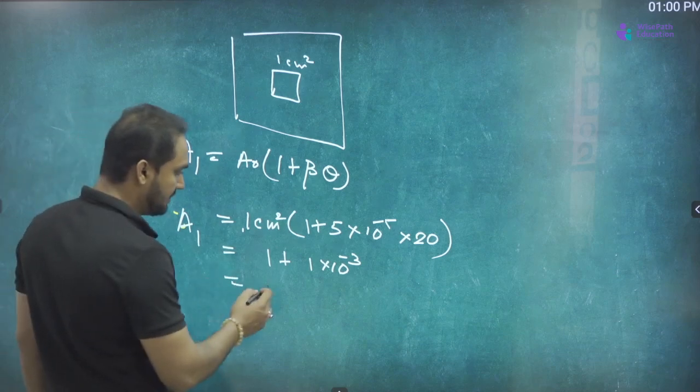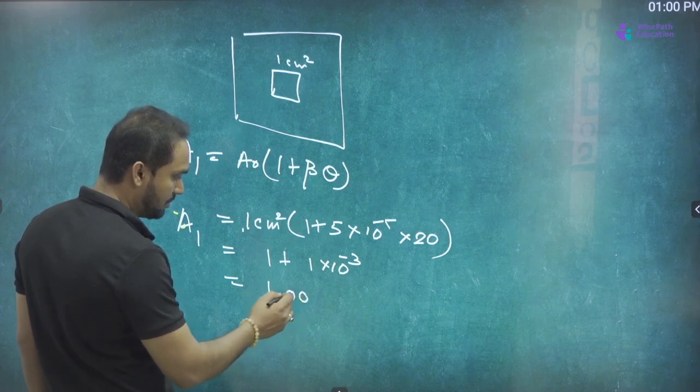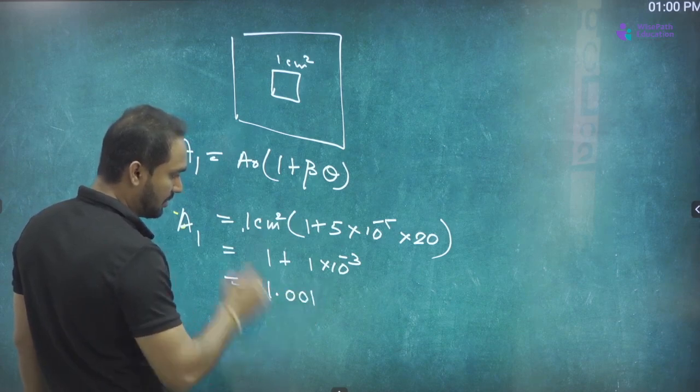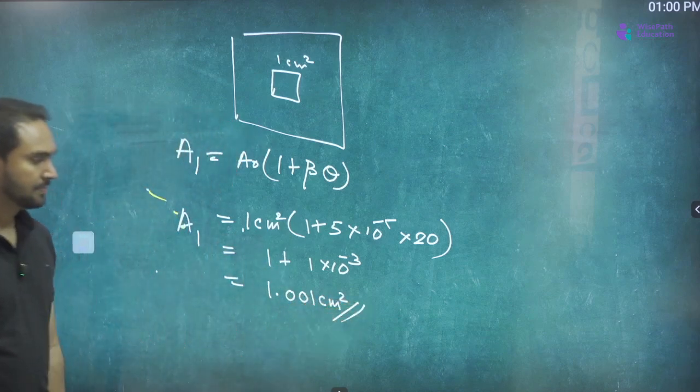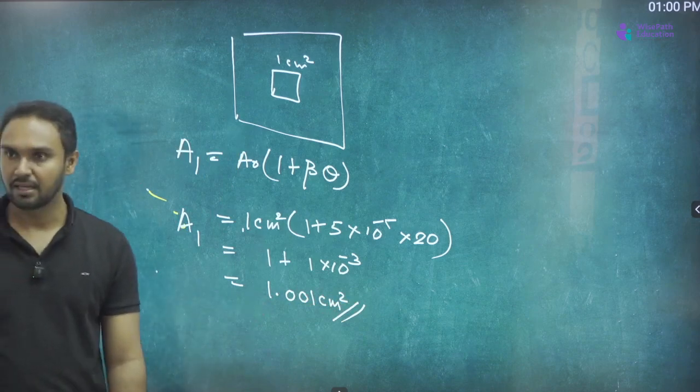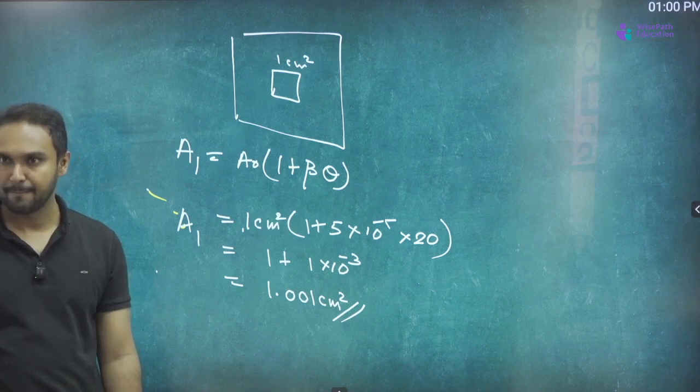So the final answer will be 1 point, how many zeros are there? 1, 2, 3, square centimeters. This should be the answer. This is the final area you're supposed to get. Get it?